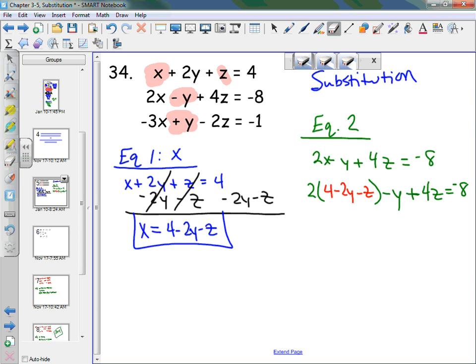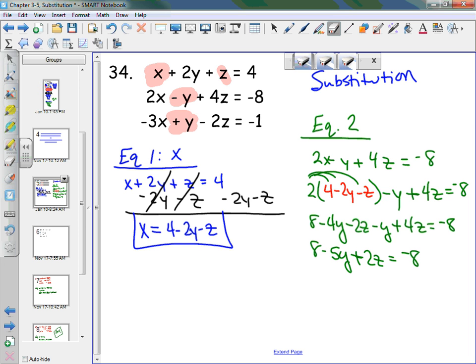Okay, so now I'm going to distribute. So this is going to be 8 minus 4y minus 2z minus y plus 4z is equal to negative 8. What should I do? Combine like terms. So I have 8 minus 5y plus 2z is equal to negative 8.